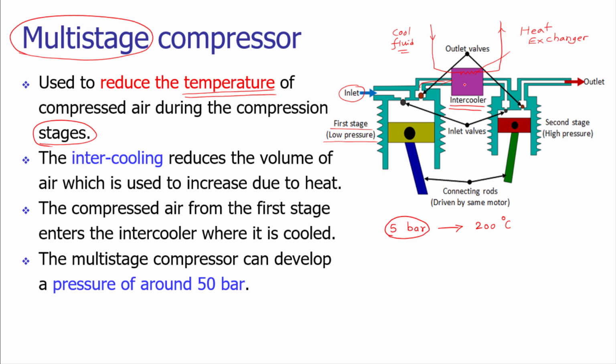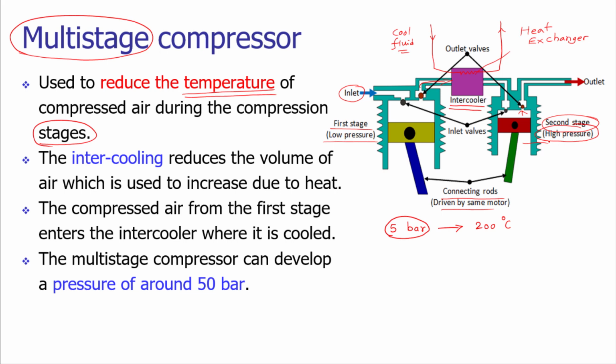As there is a reduction in the temperature of the compressed air coming out from stage 1, its volume will be reduced, and that reduced volume, low temperature compressed air will be sucked into the second cylinder, the second stage, and compressed by the second piston.